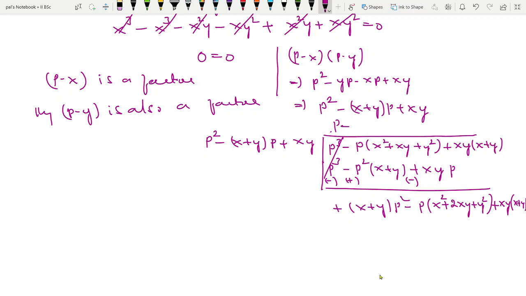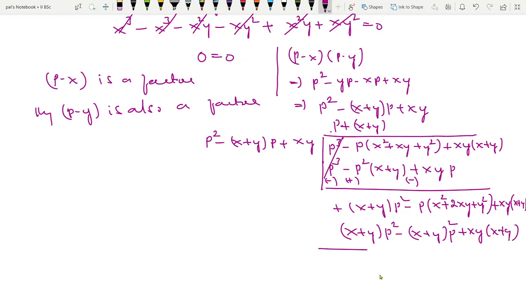So you take plus x plus y into p square, which is x plus y p square, minus, and x plus y into x plus y is x plus y whole square. X plus y whole square into p, again plus xy into x plus y.